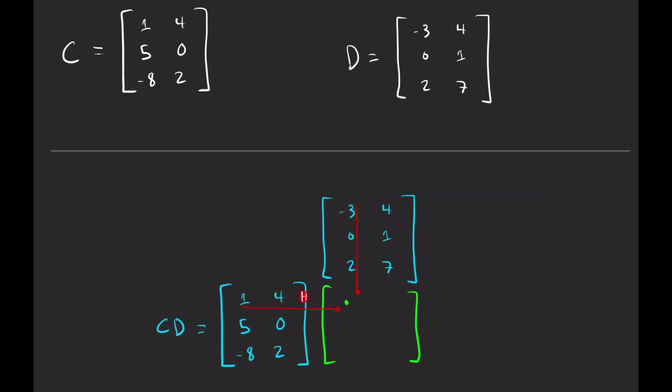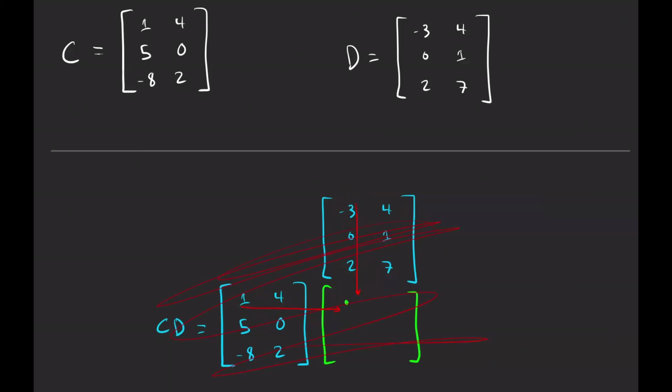And then we take the third, oops, there's no third entry, right? So we're seeing an issue here where I can't do a dot product of the top row of C and the left column of D because they don't have the same number of entries. And right here, we're stuck. We're done. There is no way to multiply these two matrices. We can just cross this out. This doesn't work. We don't like this.